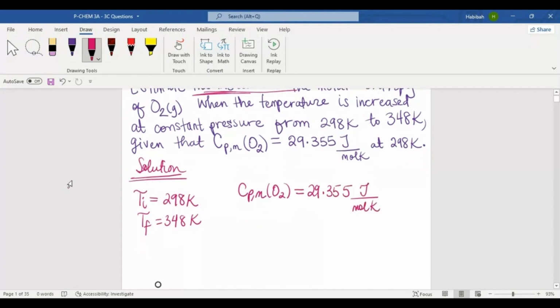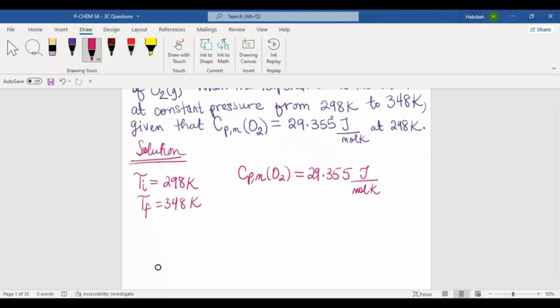So the first thing you have to know is, anytime you're given a question for entropy, and you're given the initial temperature as well as the final temperature, as well as the molar heat capacity of a particular gas at a particular temperature, you're going to be using this formula here, which is entropy at T final equals entropy at T initial plus Cp,m times ln T final divided by T initial.